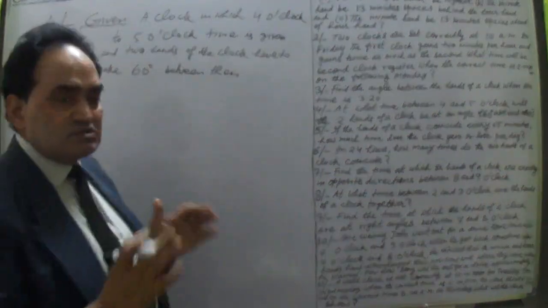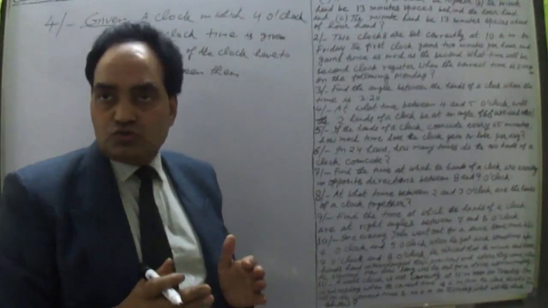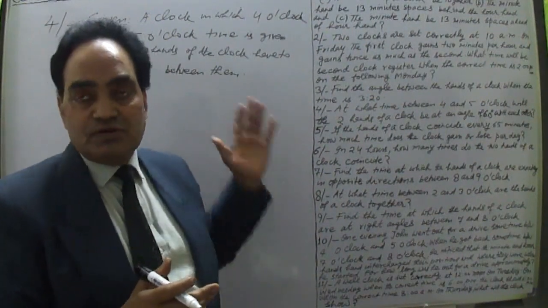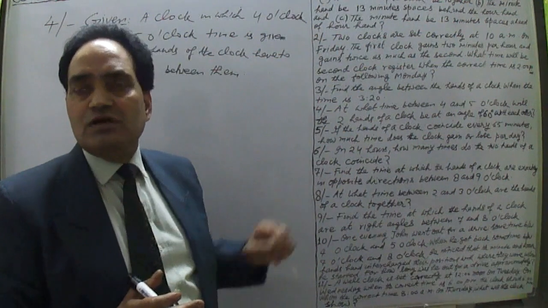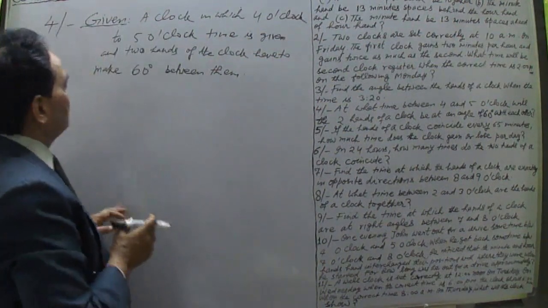So there is an angle of 60 degree between the two hands of a clock, between 4 to 5 o'clock. At what time will it be? That we'll find out.